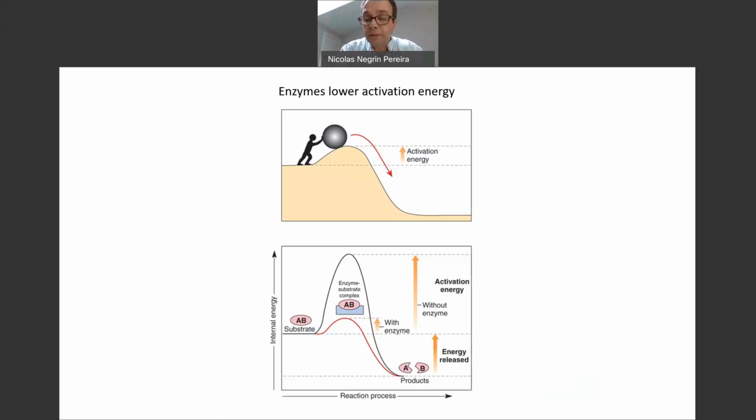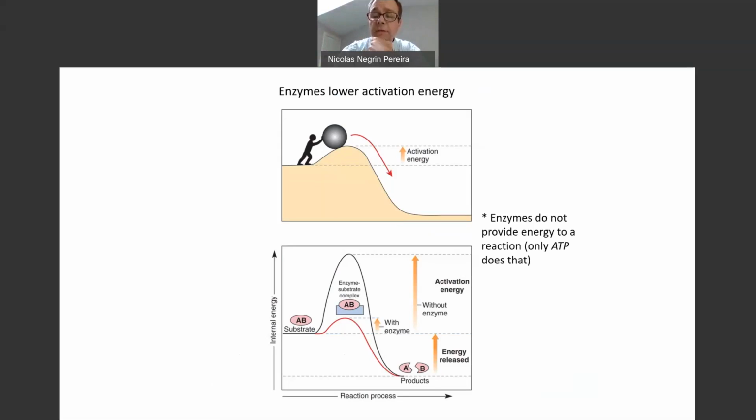We need, of course, the presence of enzymes, without which we would need much higher energy input from the animal to take this enzymatic process forward and break that bond, and free the basic molecules we need to use in the different tissues and organs.